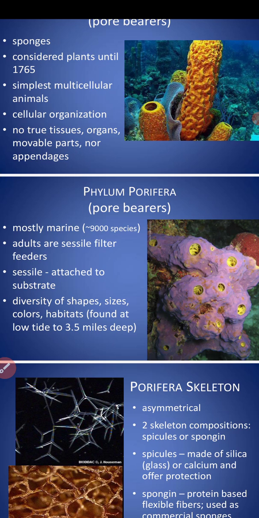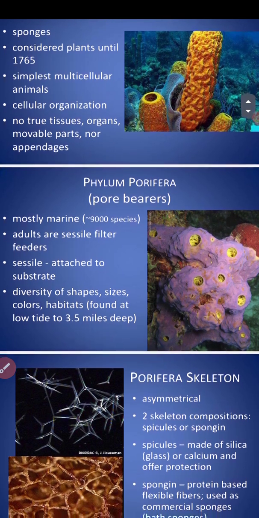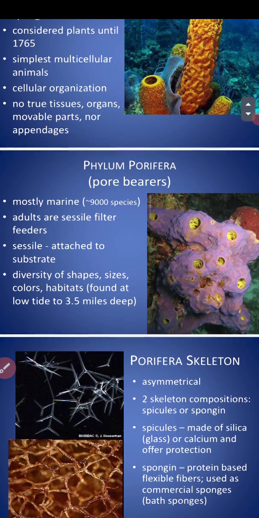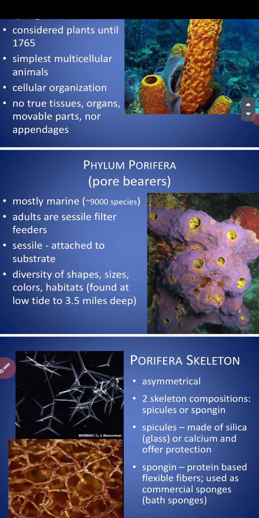Its body has attained cellular organization, but it doesn't attain the level of tissue. No true tissues are found, organs are not found, movable parts are not found, and they have no appendages.